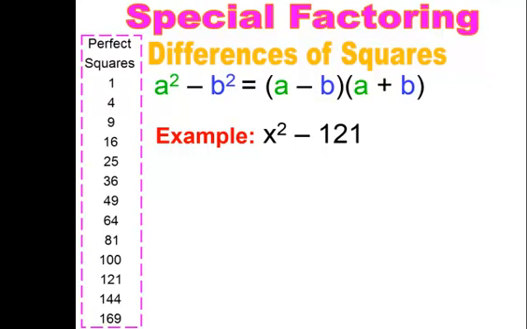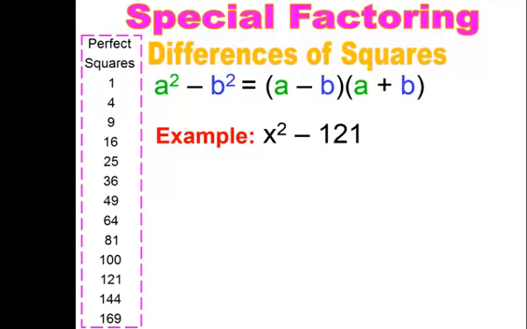So if I did 1 times 1, or 1 squared, that would equal 1. 2 times 2, or 2 squared, that would equal 4. 3 times 3, or 3 squared, would equal 9. 4 times 4, or 4 squared, would equal 16. I want you to understand where these perfect squares are coming from, and I just did the list numerically. Perfect squares are important.